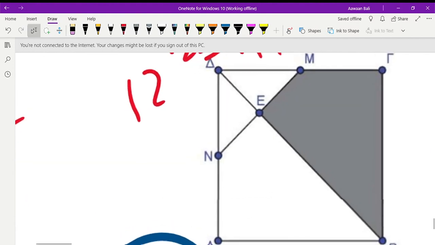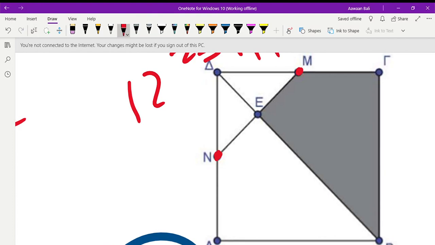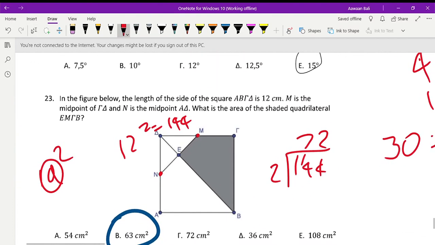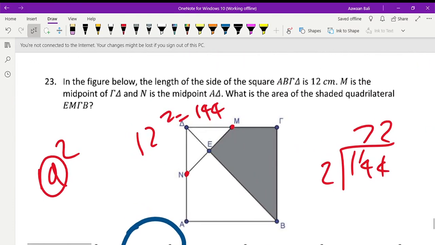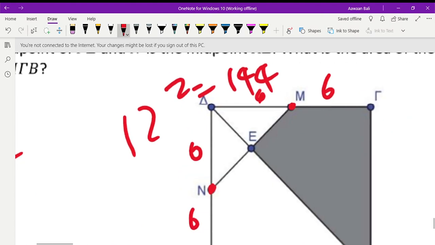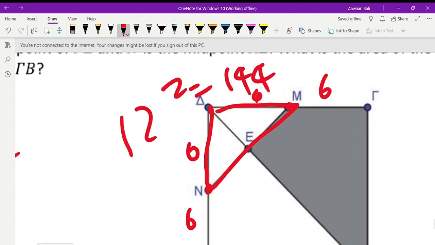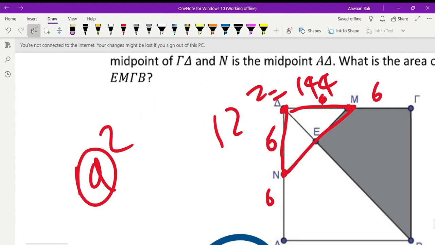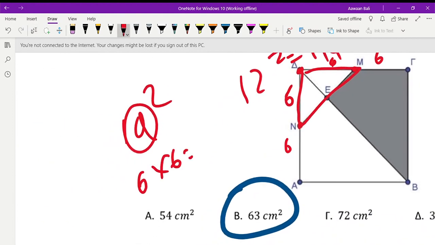Since it says M and N are midpoints, that means this is 6, this is 6, this is 6, this is 6. So 6 times 6 is 36. Half of 36, divided by 2, is 18. Now if we divide by 2 again, we get 9.